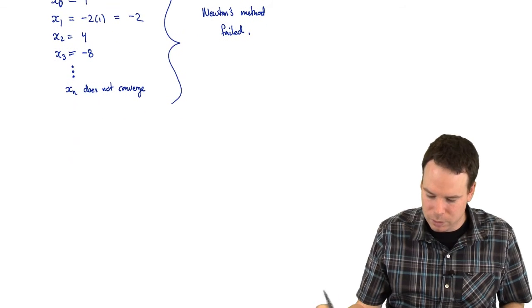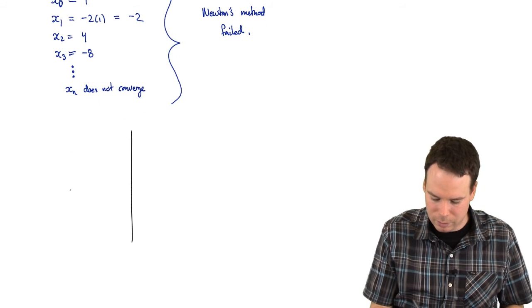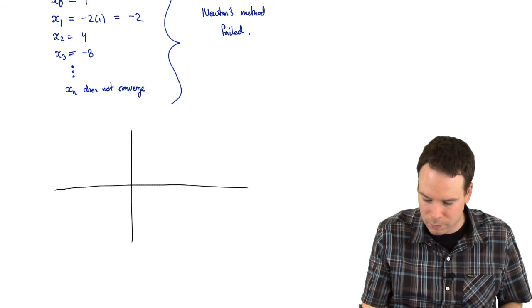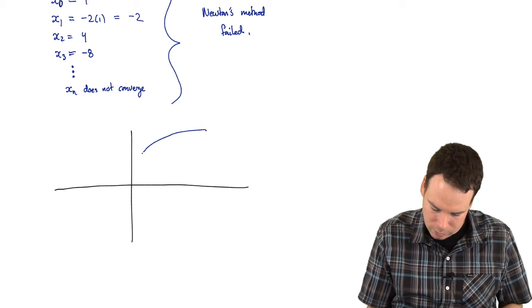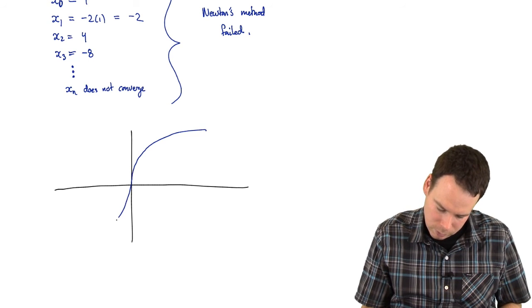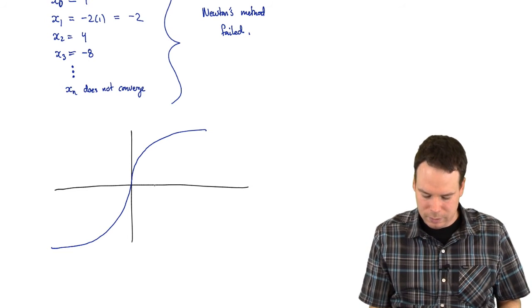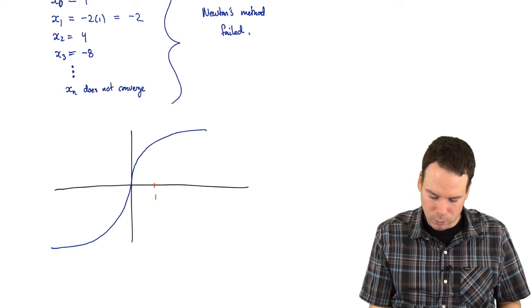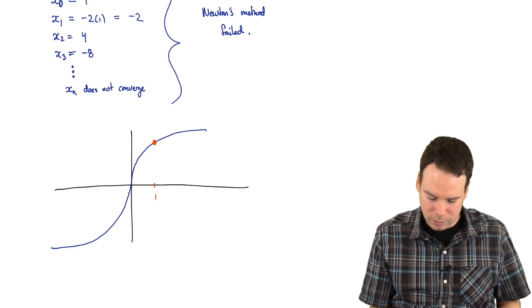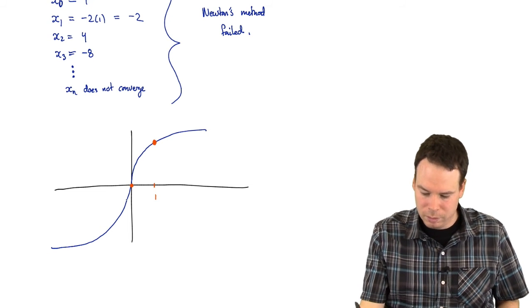So the picture for what's going on here really looks something like this. We have our function x to the 1/3, which looks like this. We take any initial guess. Here we took 1. There was our initial guess. Our root is the origin, that's what we're trying to hone in on.